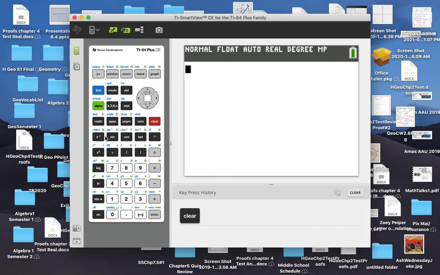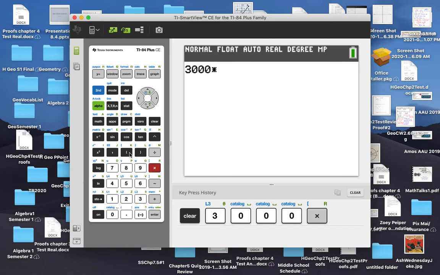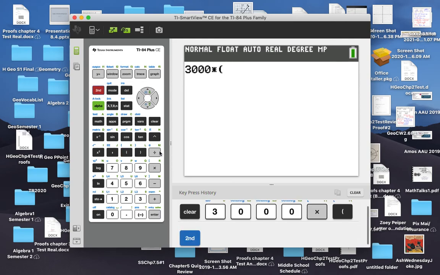And it was 3,000 times, I'll put in parentheses. I'm a parentheses nut, so don't judge me. Times, here's e right here. E to the, it was 0.05 times 8.